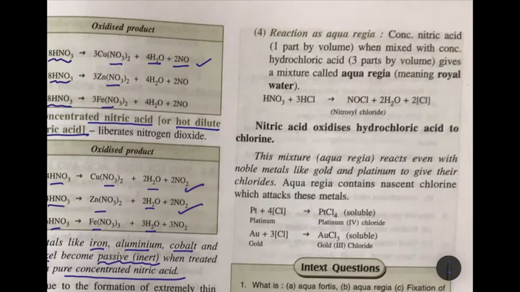Now the reaction as aqua regia, we did that when we did hydrochloric acid. If you remember, concentrated nitric acid, 1 part by volume, when mixed with concentrated hydrochloric acid, 3 parts by volume, the ratio is 1:3, gives a mixture called aqua regia, which means royal water.